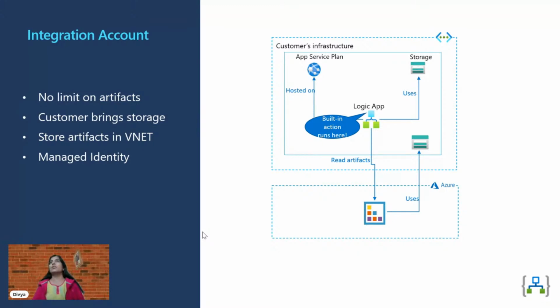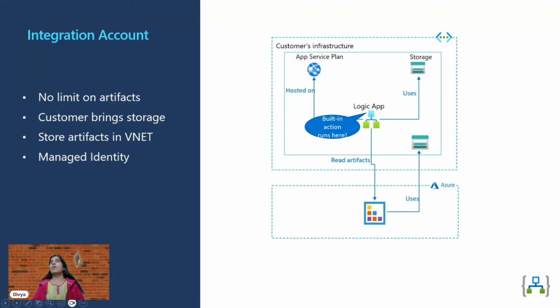The top rectangle that you see, that's where all your built-in actions run. Again, everything is within the scope of the VNet on your compute. So your logic app uses the storage. When you create a logic app standard, it uses the storage, and it's hosted on app service plan or ASEv3. In all these cases, it's all within the VNet, it's all on your compute.